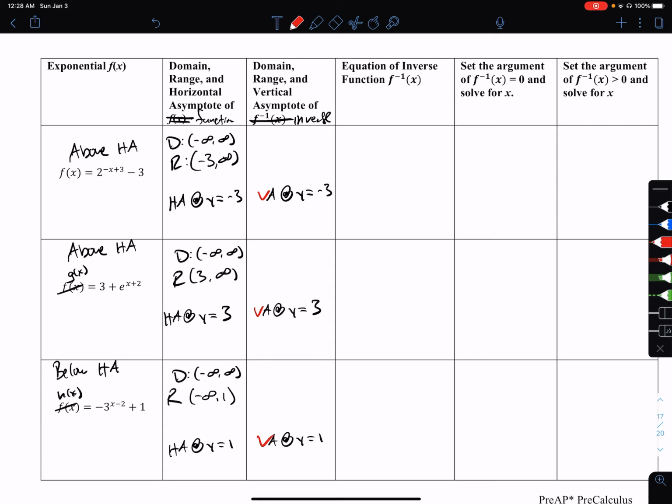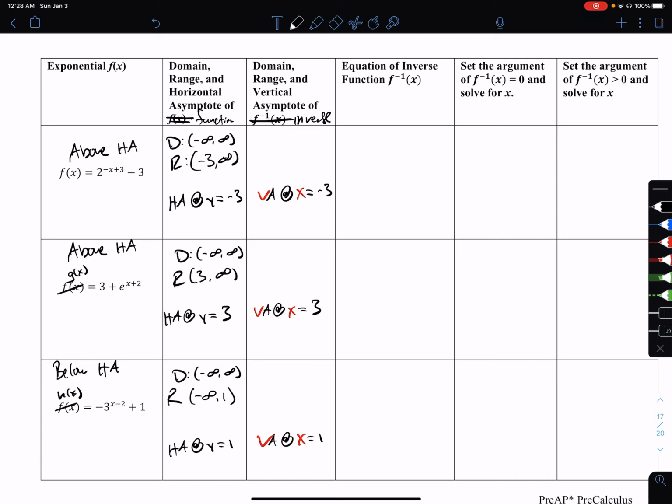And instead of it being y equals the number, it's going to be x equals the number. Remember, to find an inverse, you interchange x and y. Something horizontal becomes vertical. A y equals -3 becomes an x equals -3.